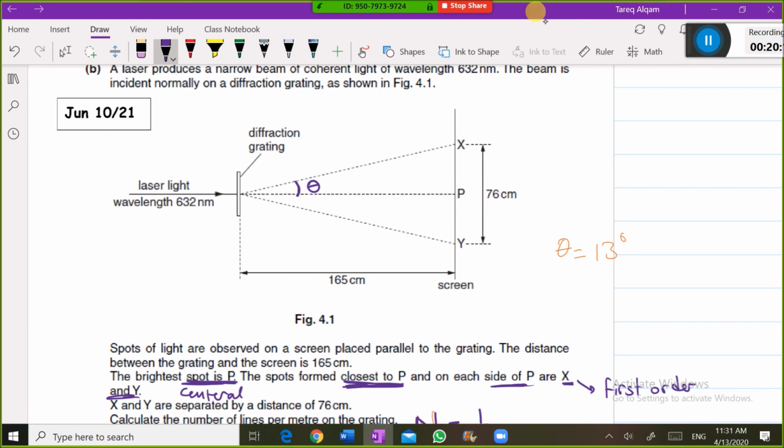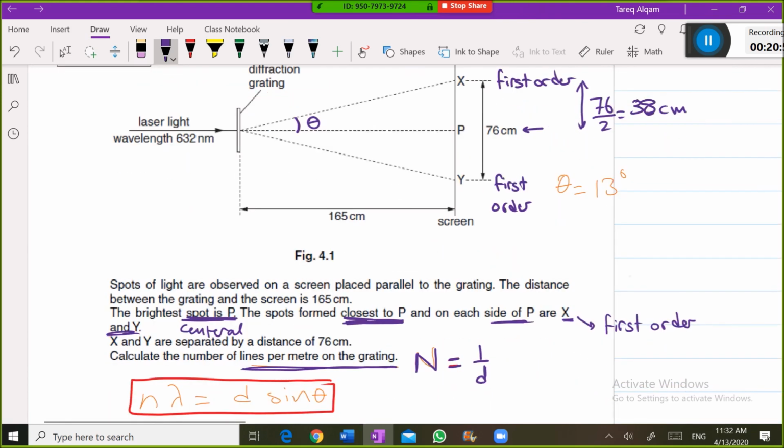Since X and Y are the first order, they are separated evenly about P. So I can find this distance by dividing 76 over 2, which is 38.